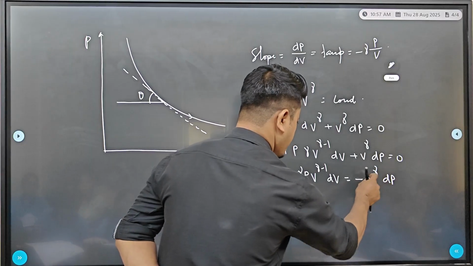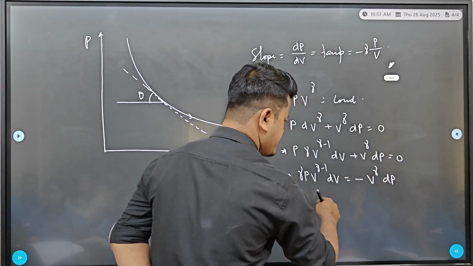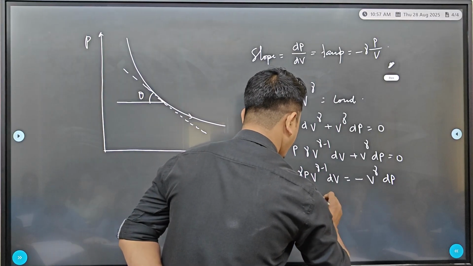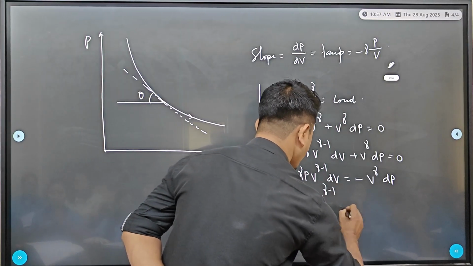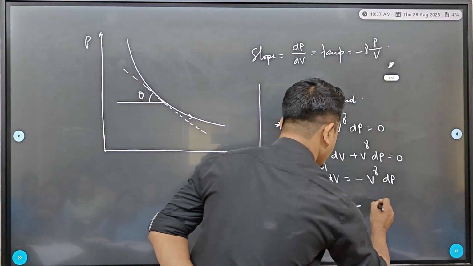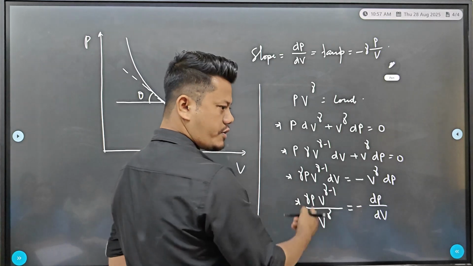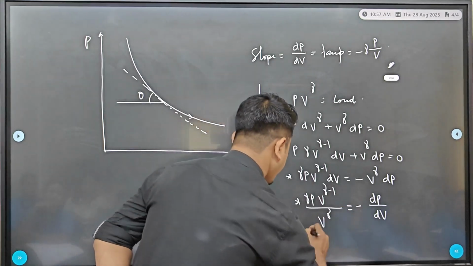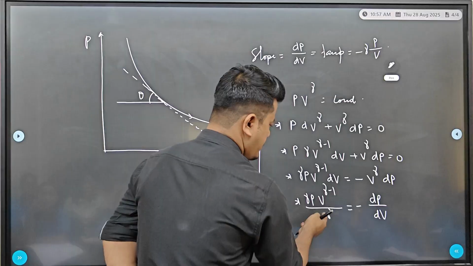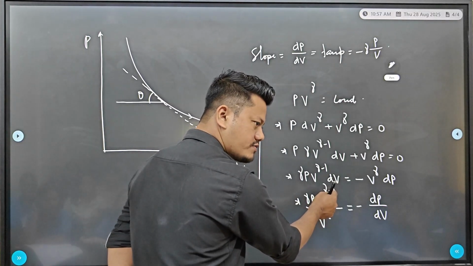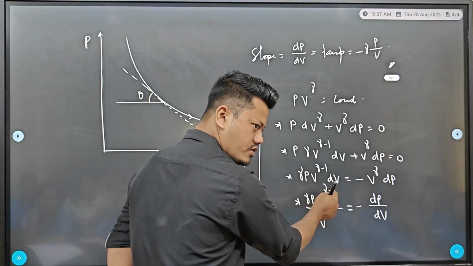So I'm bringing this V to the power gamma towards the left hand side, and I'm taking this dV towards the right hand side. So what I'll be getting, gamma P V to the power gamma minus 1 by V to the power gamma equal to minus dP by dV, or not? Got it? Will I be getting this? So ultimately here, V to the power gamma into V to the power minus 1, yes or no?